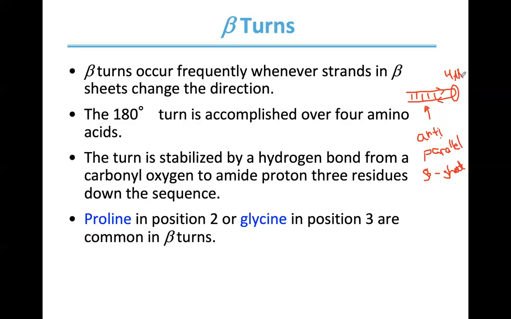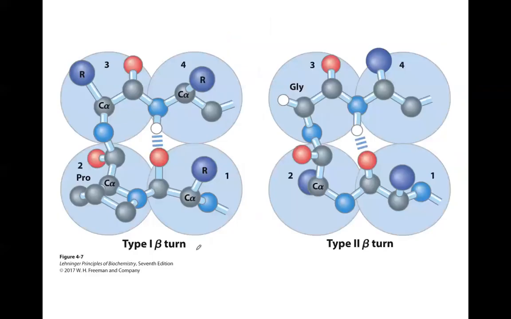And now glycine and proline come to the prominence. Here, that's where they predominate. All right, so the turn is stabilized by a hydrogen bond from a carbonyl oxygen to the amide proton 3 residues down the sequence. Proline position 2, glycine position 3 are common in beta turns.